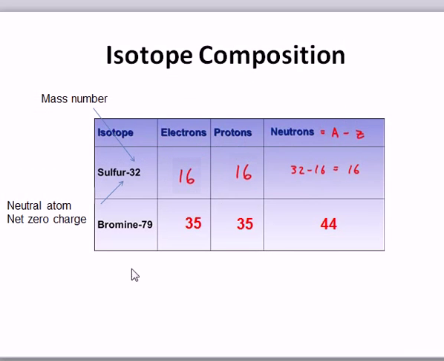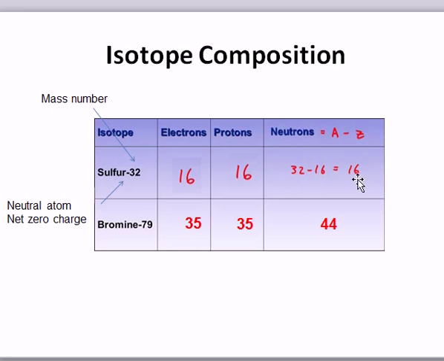One way to help on these problems is to make a little table like described here, where you have the isotope and the mass number, and sulfur, so you can identify the atomic number, the number of protons. Because it is neutral, it will have the same number of protons as electrons, so you can write the 16 and the 16. And then with neutrons, it's basically the mass, which is given here, minus the number of protons.